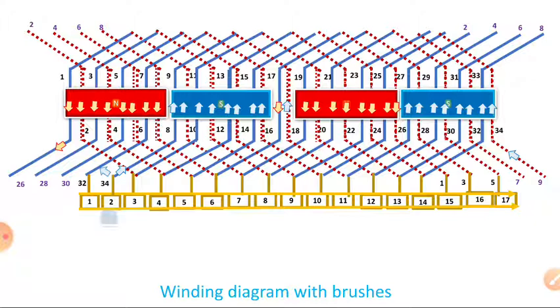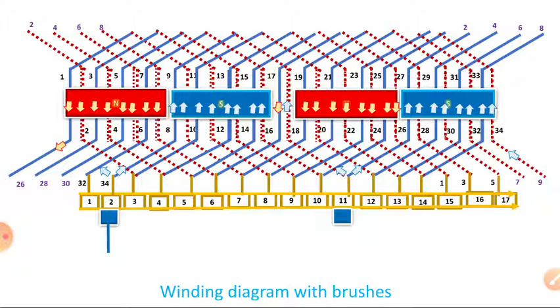Now here the second conductor, you can observe it, the conductor 9th, current is going away. At the same time, here the conductor 36 is connected, you can see. So that is nearly 34 conductor also going away. So both are connected to commutator segment 2.